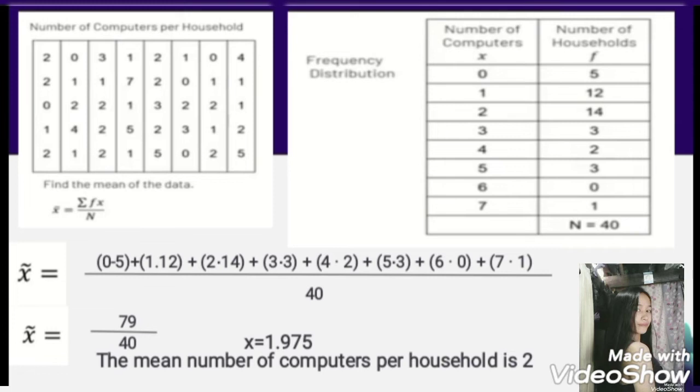So the answer is 1.975. So our mean number of computers per household is 1.975.